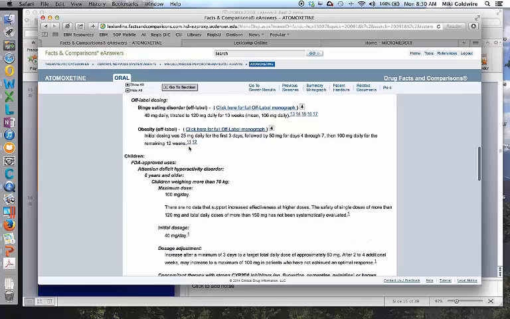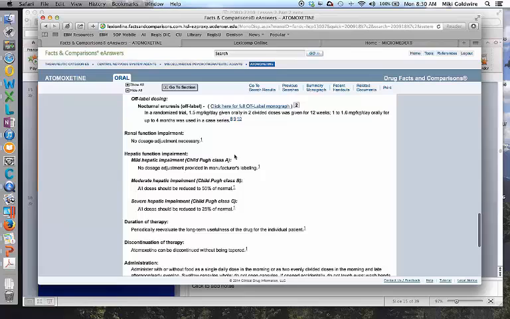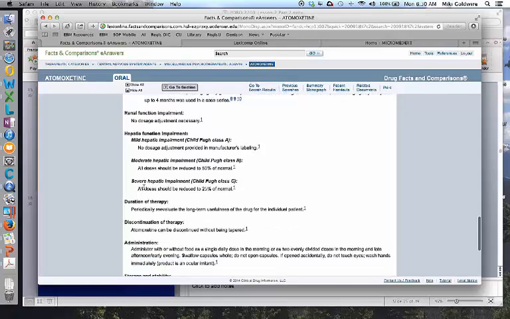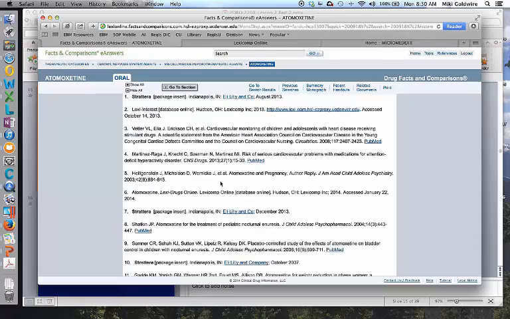I have then child dosing. And then I get into renal dosing and hepatic. So here's hepatic function impairment. Mild hepatic, Class A Child-Pugh. Well, he's Class C. Severe hepatic impairment. All doses should be reduced to 25% of normal. And then if I click on the number 1, I can see that straight from the package insert.